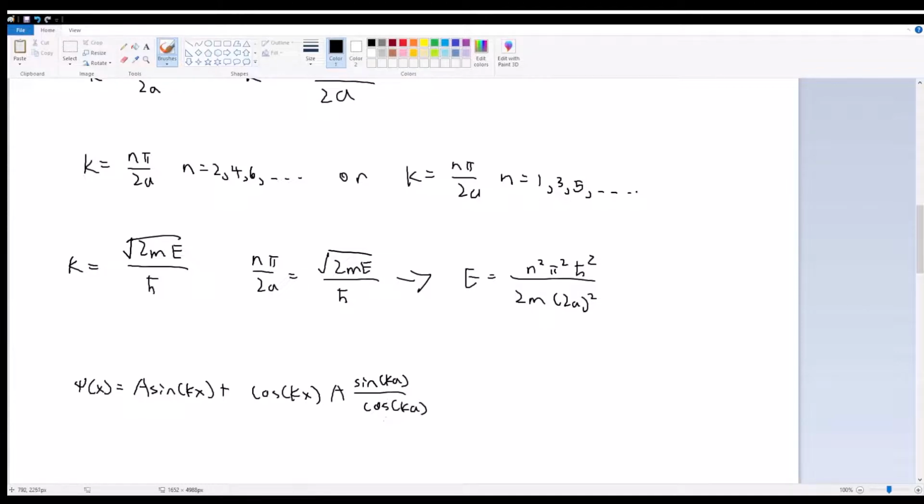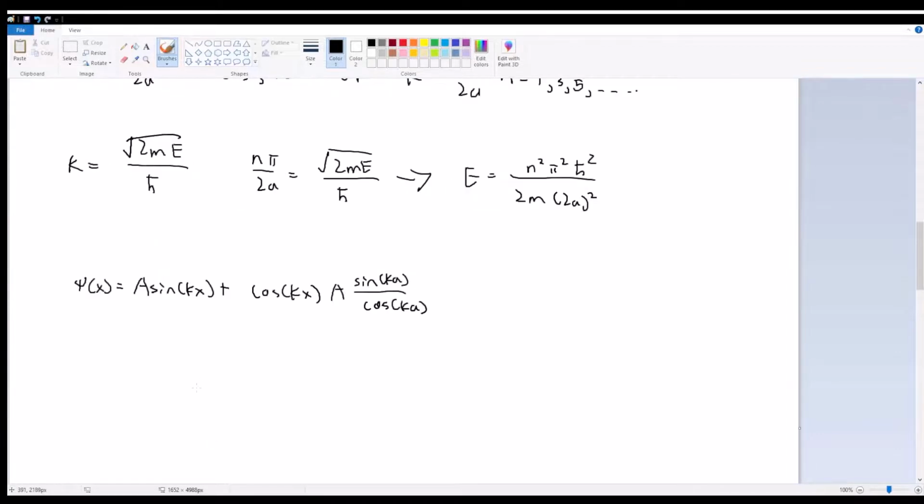Then we can take the magnitude squared of this to find a. If we take the magnitude squared to normalize, then we get a squared times (sine kx plus cosine kx times sine ka over cosine ka) squared.